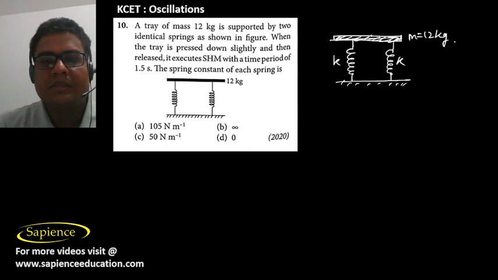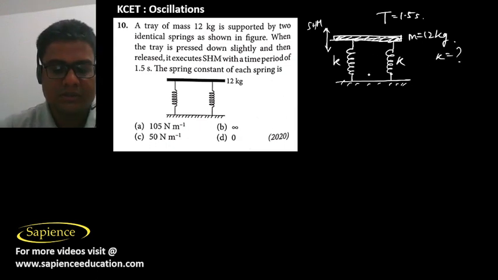When the tray is pressed down slightly and then released, it executes SHM in the vertical direction. The time period of the SHM is 1.5 seconds. Then the spring constant of each spring is how much? That is being asked.